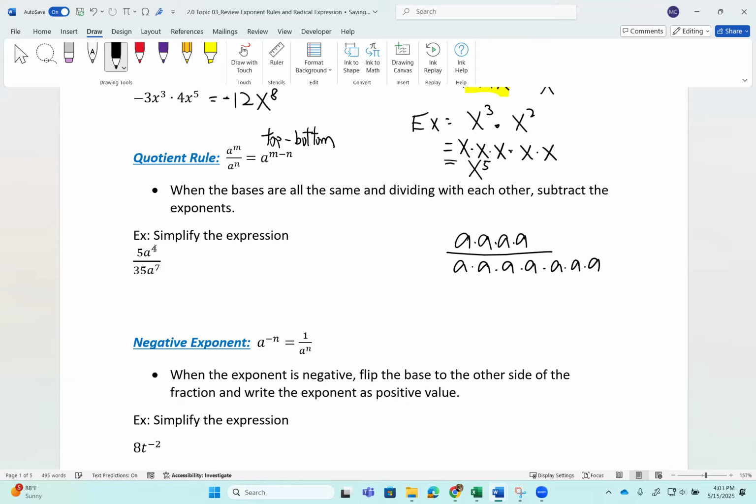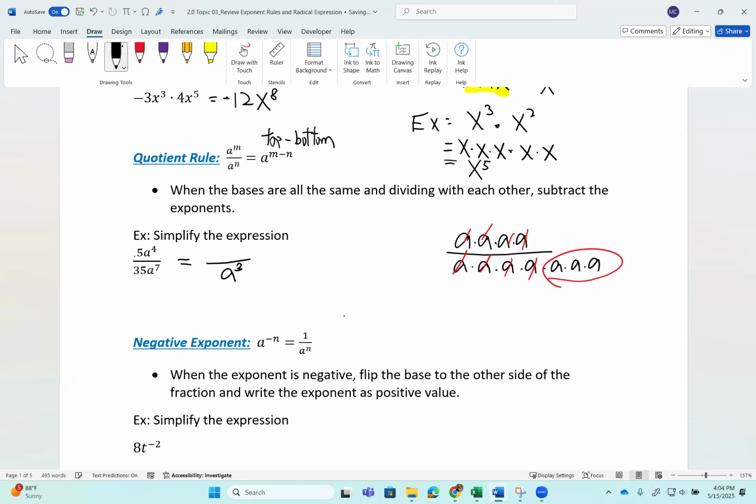So when you see all these a's, top and bottom, you can cancel them out because they're all one term over one term. So now you end up with 3 of them left in the denominator. A lot of times, I will simply say, we have 4 a's on top, 7 a's in the bottom. When they cancel out, how many a's should be left? There should be only 3 a's left in the denominator.